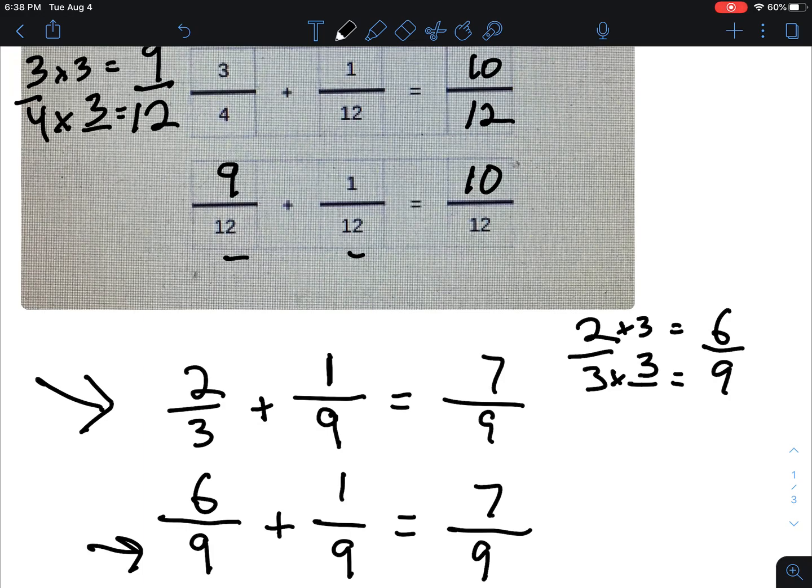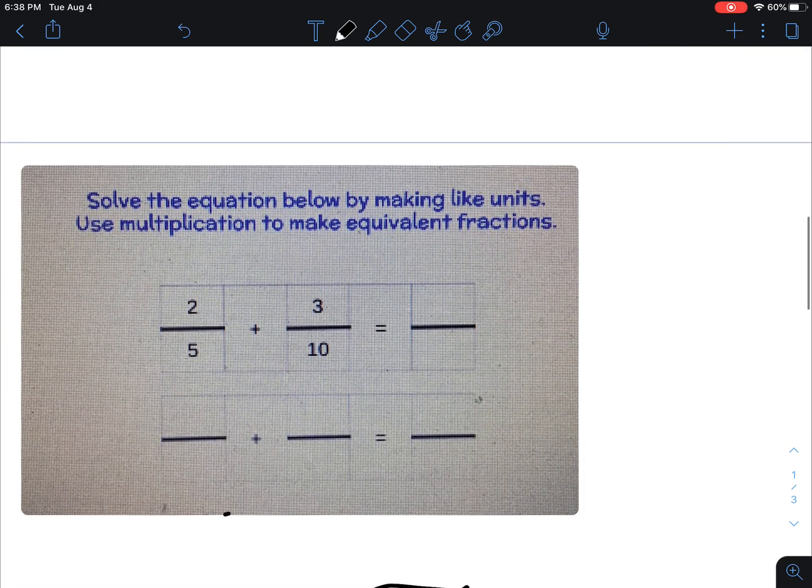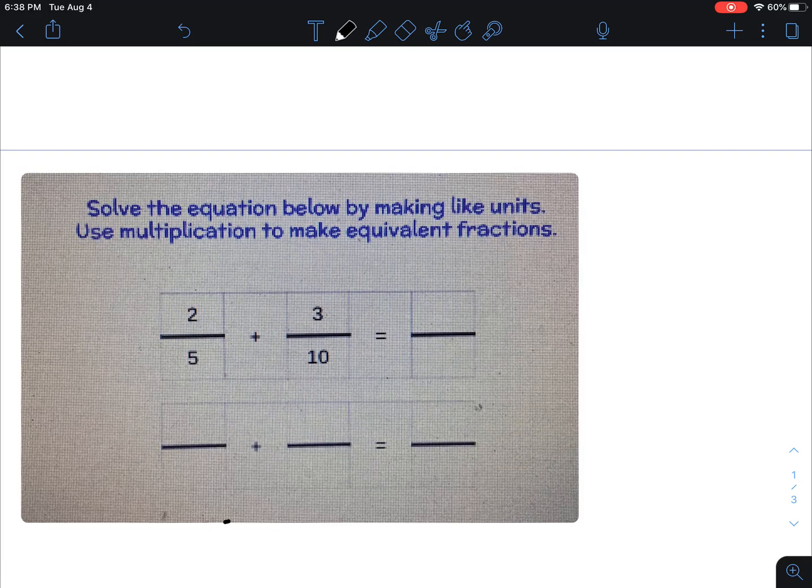All right, so you're going to have a couple of those to do today to practice, but then you're also going to have this one where they do not give you the denominator.